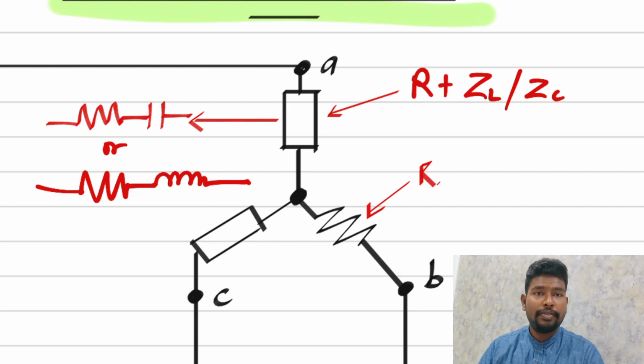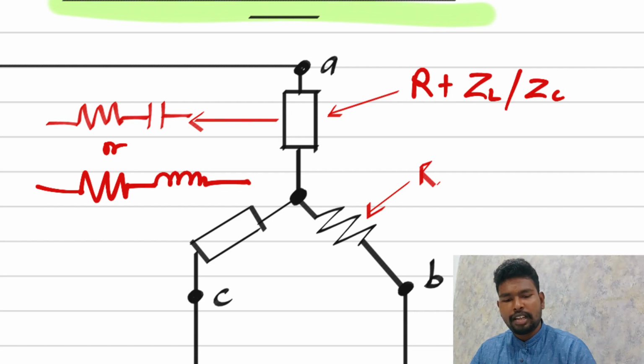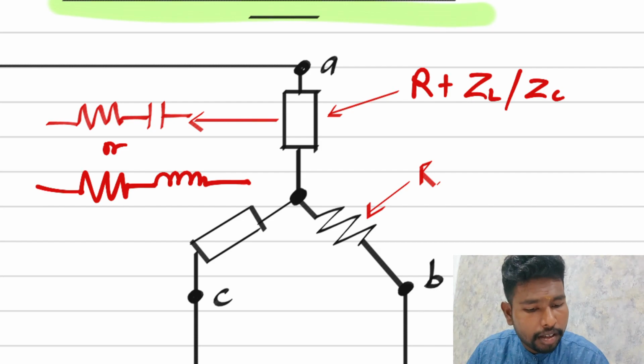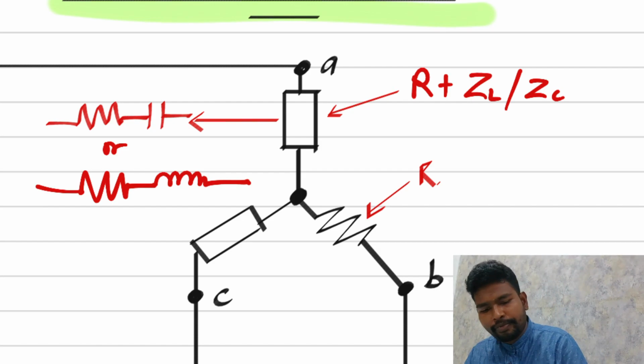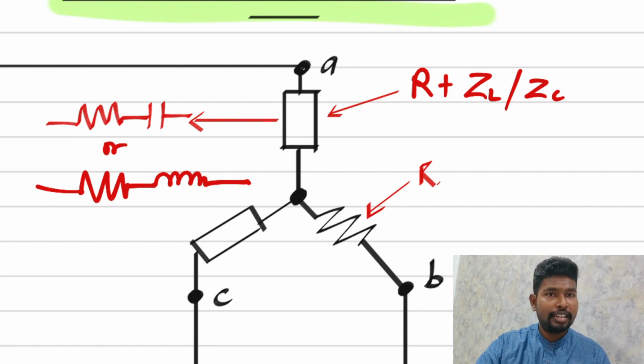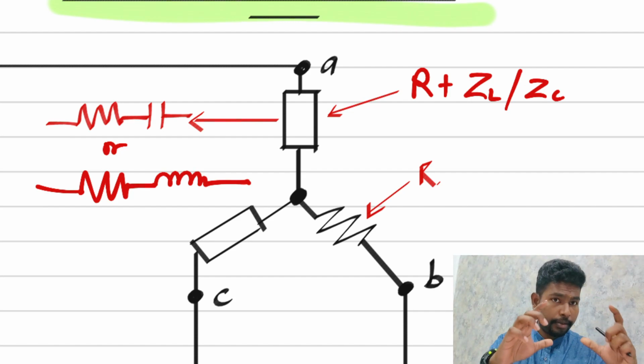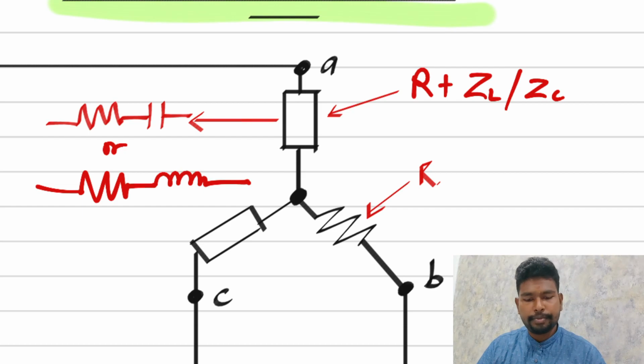Capacitive reactance or inductive reactance. It could be RL or RC as well. If we dissect it, I could draw a resistor along with a capacitor. This could be represented as a single box. So this is another way to represent an impedance in a three-phase system.